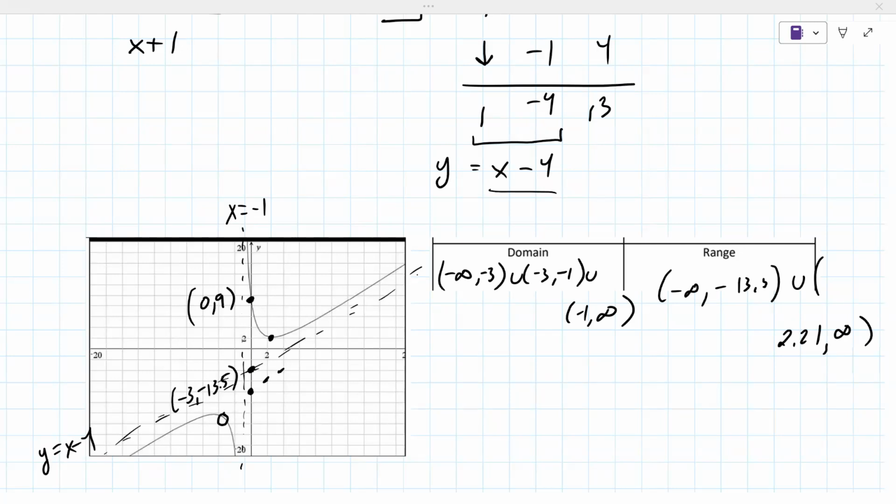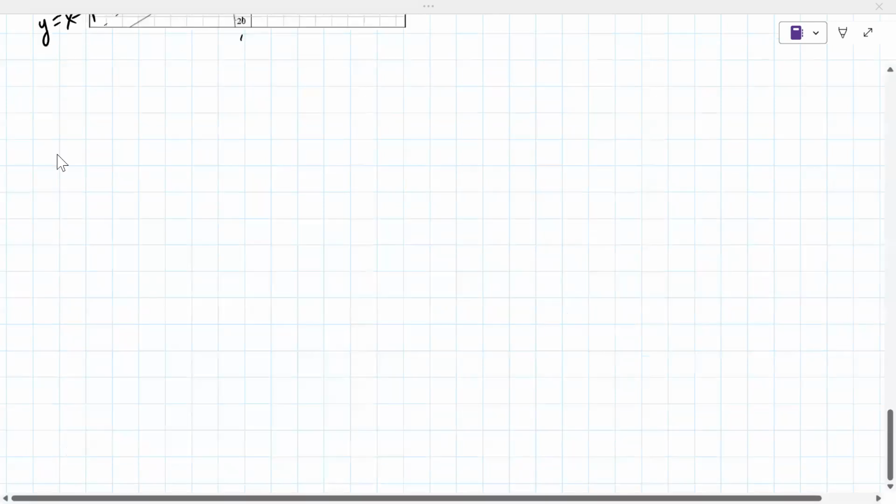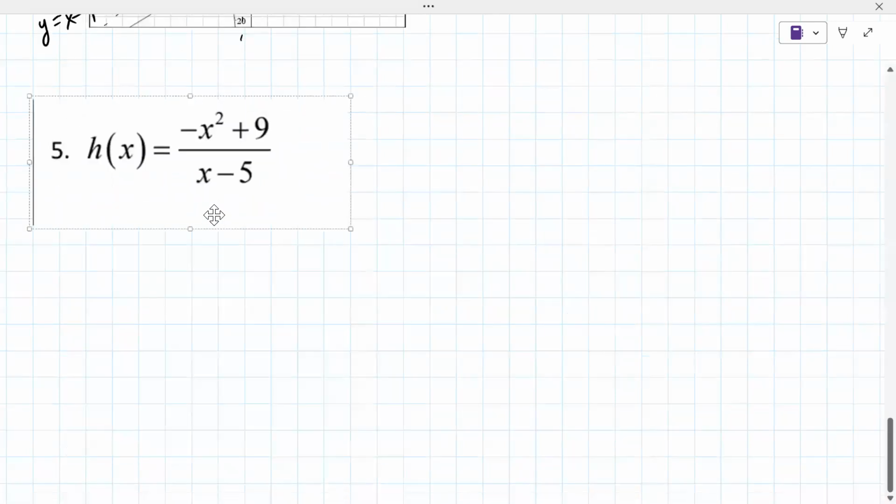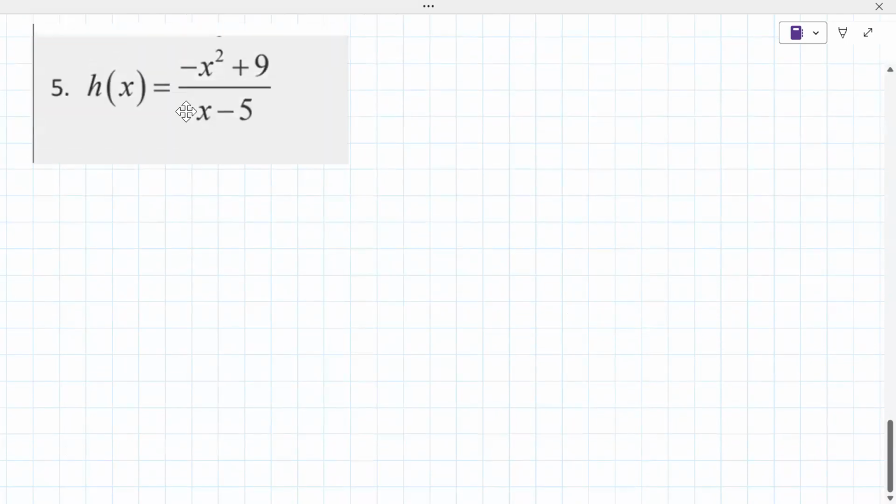All right, let's take a look at number 5. One of the things I would recommend doing here when you start thinking about how to factor this is -1 comes out, so it's really x squared minus 9 up top.